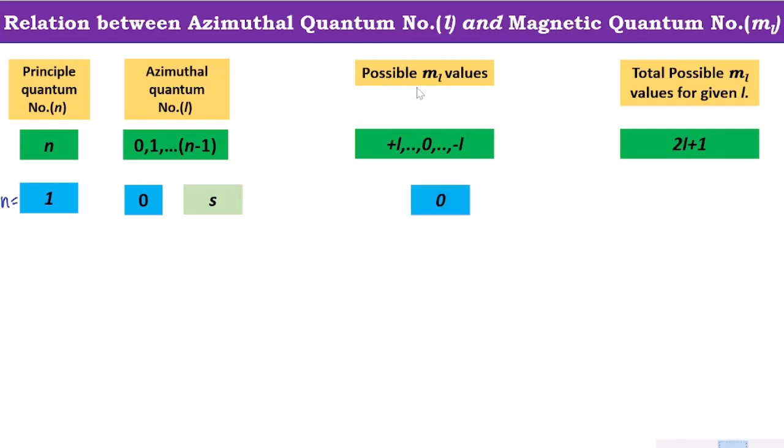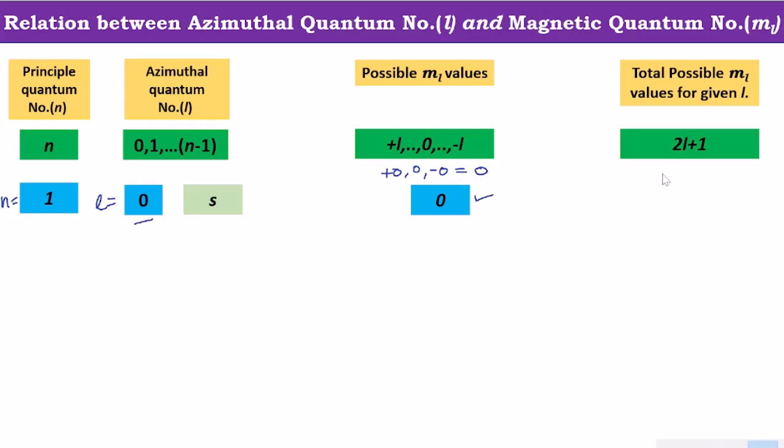The possible ml values can be calculated using this formula, for L equal to 0. As we know the formula, it ranges from plus L, it means from plus 0 to minus 0. But plus 0 and minus 0 are not considered separate values. In this case, there is only one, that is 0.